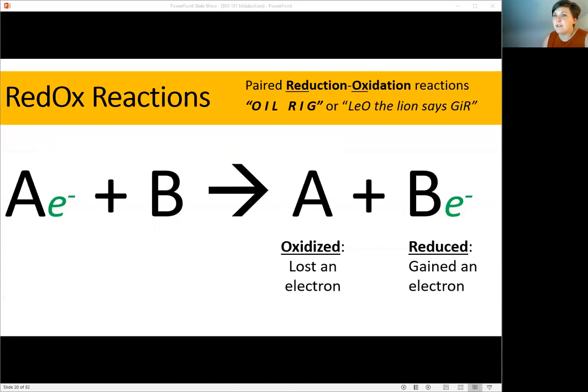Since it's not really ideal for random electrons to be floating around in space, oxidation and reduction reactions are always paired. If a molecule is oxidized and loses an electron, a corresponding molecule will be reduced and gain an electron. Since oxidation and reduction reactions are always paired, reactions like this are called redox reactions.